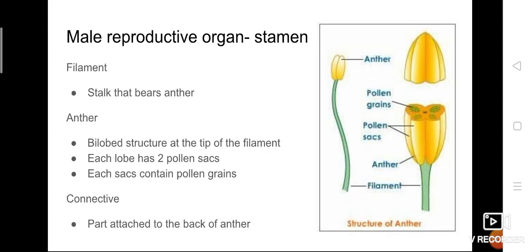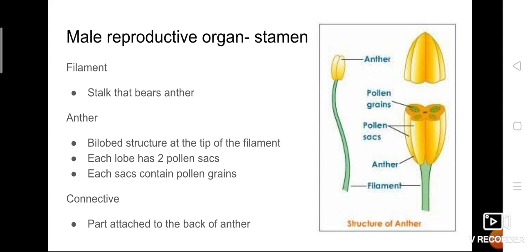Let us see the structure of the stamen and carpel in a little more detail. First we take the stamen. As I mentioned before, the male reproductive organ is nothing but the stamen, and the stamen also has many different parts.